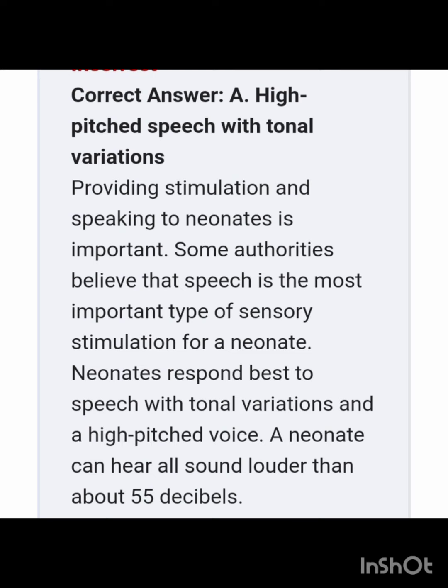The neonate can hear louder sounds, that is above 55 decibels. If it is below 55 decibels, the neonates cannot hear. So to speak with them, we should have a high pitched voice that should be above 55 decibels.